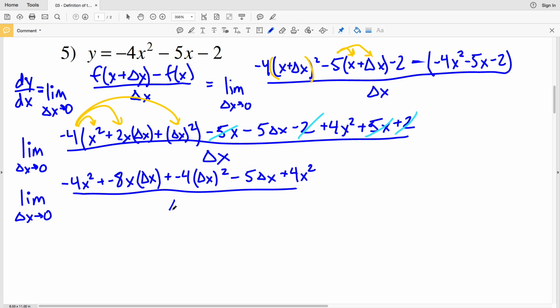And that's all over delta x. So now I'm going to have one more term that'll cancel out my numerator. That's negative 4x squared with 4x squared. So now out of my 3 terms, they're all over that same denominator.